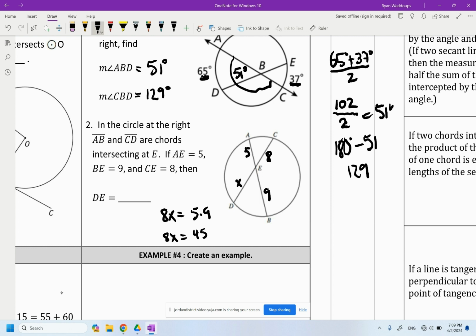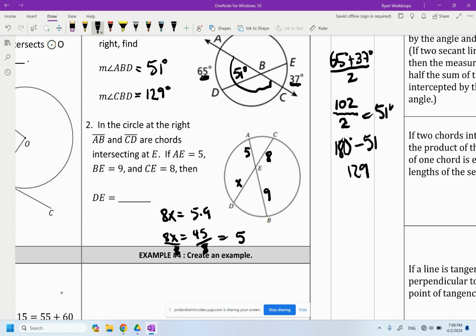And then we divide both sides by 8. X then is 45 eighths. You can't simplify that, so you could leave that as an improper fraction, or you can write that as a mixed number.